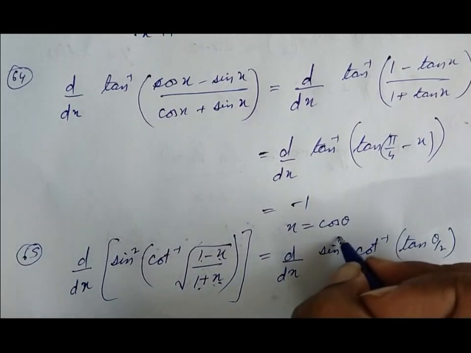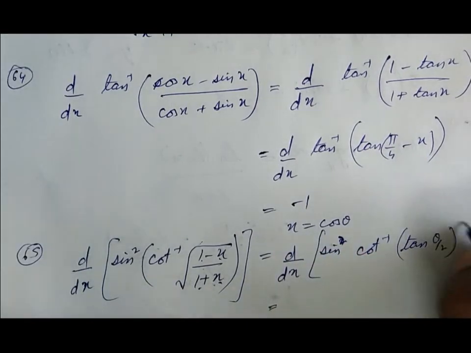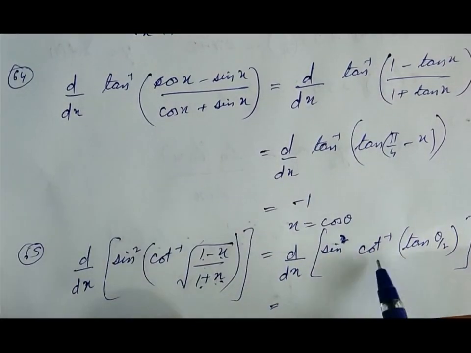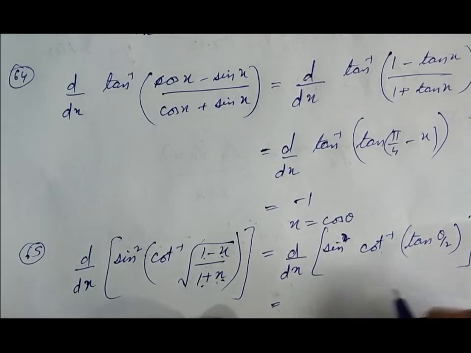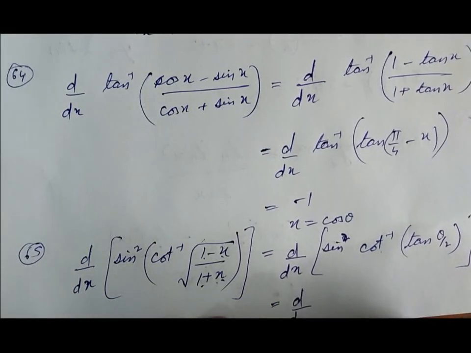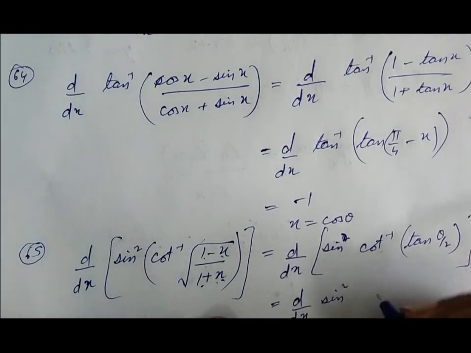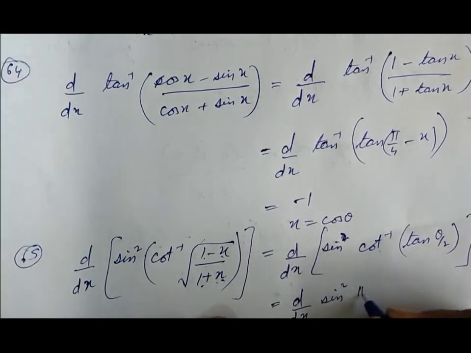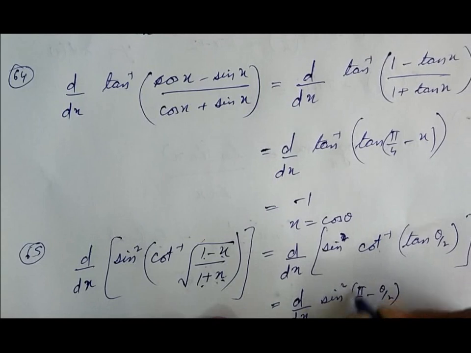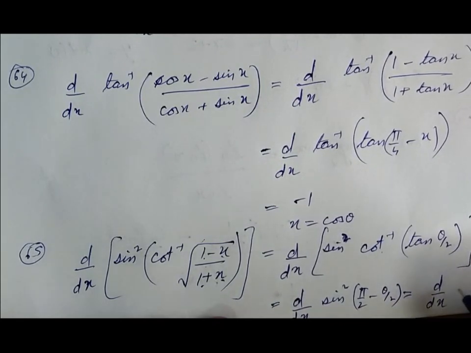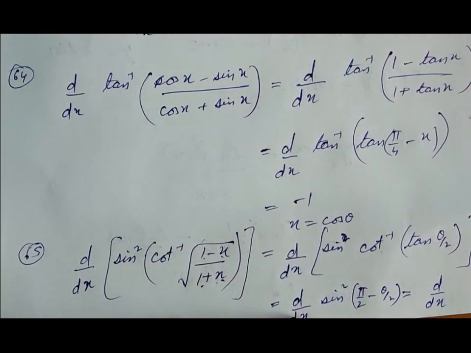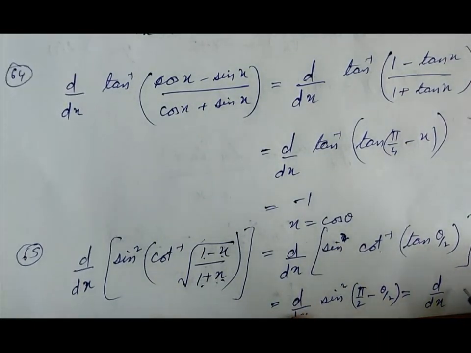This implies d by dx of sin square of cot inverse of tan theta by 2. Now cot inverse of tan theta by 2 will be equal to pi by 2 minus theta by 2. So this becomes d by dx of sin square of (pi by 2 minus theta by 2), which is d by dx of cos square theta by 2, and cos square theta by 2 is (1 plus cos theta) by 2.